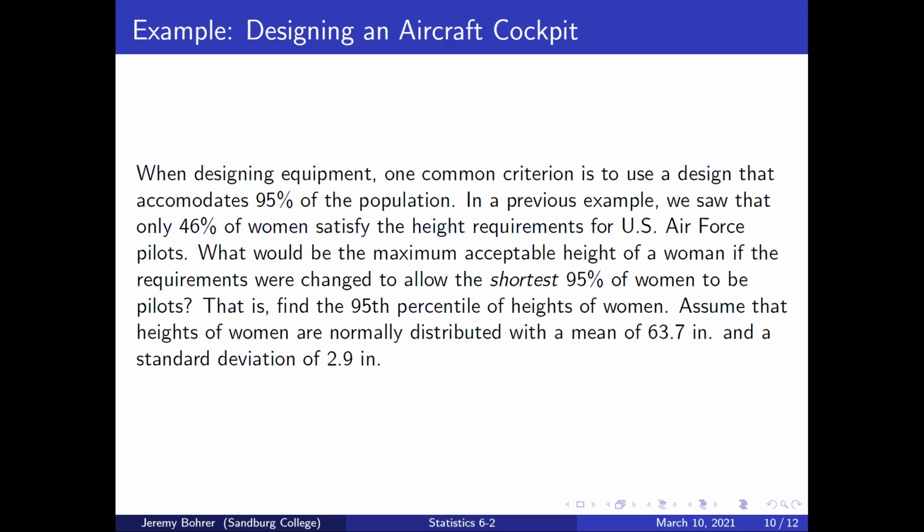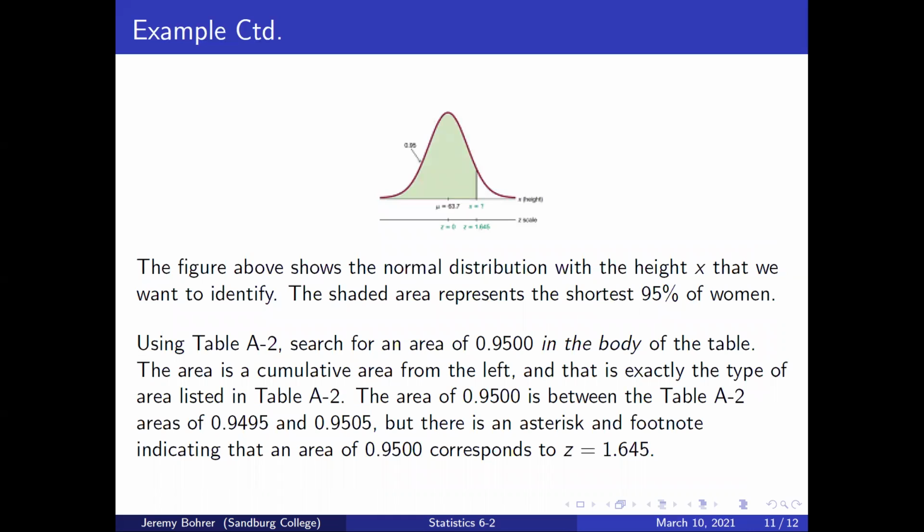Assume that heights of women are normally distributed with a mean of 63.7 inches and a standard deviation of 2.9 inches. The figure above shows the normal distribution with the height x that we want to identify. The shaded area represents the shortest 95% of women. Using table A2, search for an area of 0.95 in the body of the table.